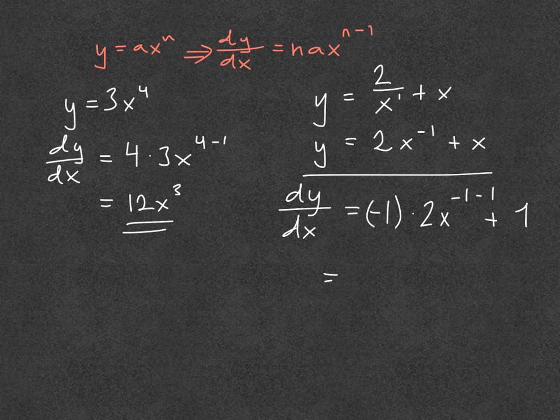Our first term is then going to be minus 2x to the power of negative 2. And then we have to add plus 1. There's an alternative way to write this as well. If we want to go back to our starting point, we could write minus 2 divided by x squared.